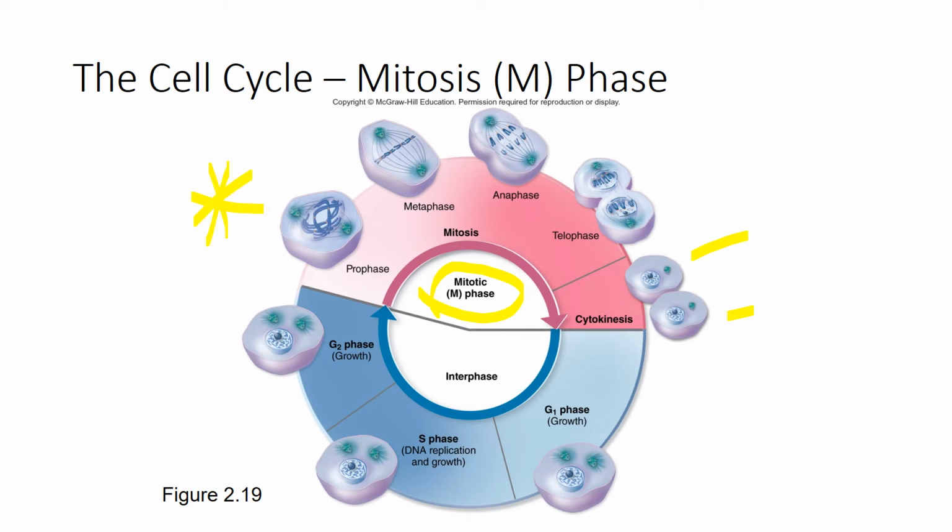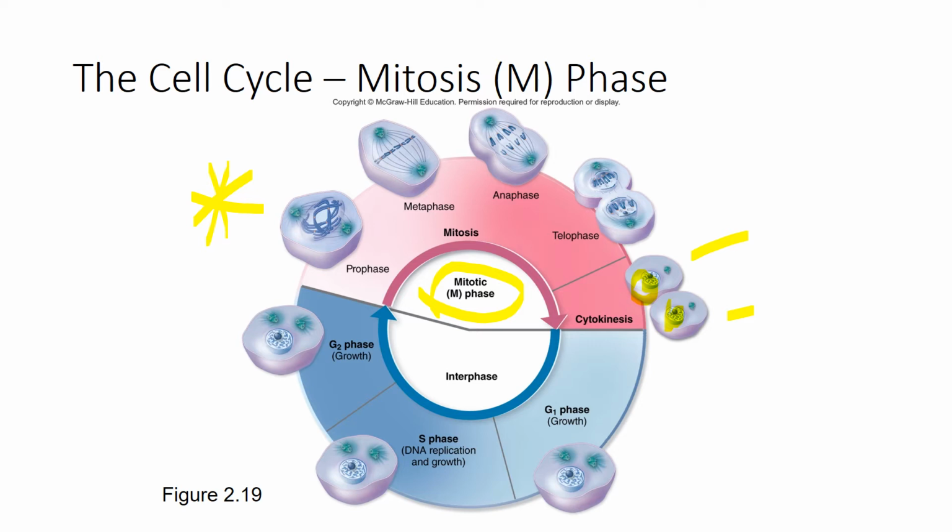Okay, so what's happening here is that we have two different events occurring. We have mitosis, which is the division of the nucleus, and in this picture here, what we have is the nucleus. And then also cytokinesis, which is the division of the cytoplasm. And if you remember, the cytoplasm has all our different organelles. All right, so just to introduce, there are going to be 4 different stages with mitosis.